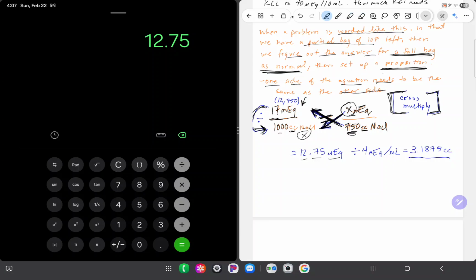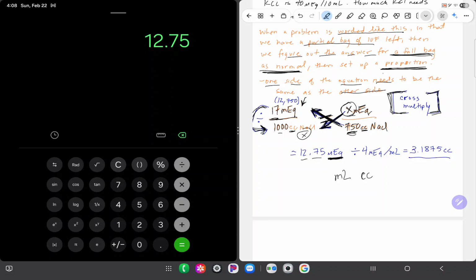Now a lot of people have gone through this math and this is where they stop because they're so tired. They go, oh my God, that was a lot. And it is, but don't forget, we have figured this out in milliequivalents, which is a unit of measurement, which is not the same as mil or cc, right? I can draw up mil, I can draw up cc, I cannot draw up milliequivalent, all right?